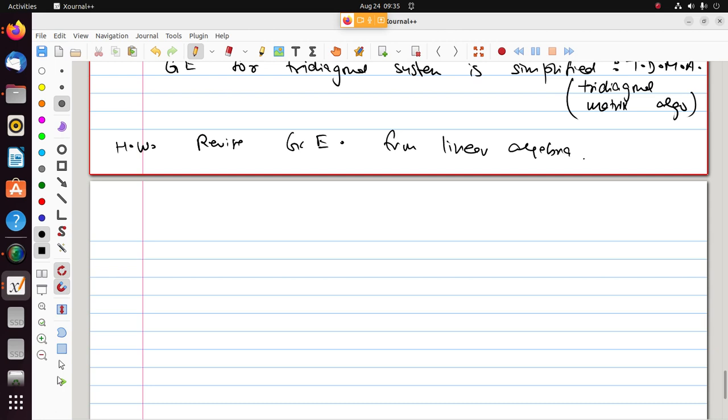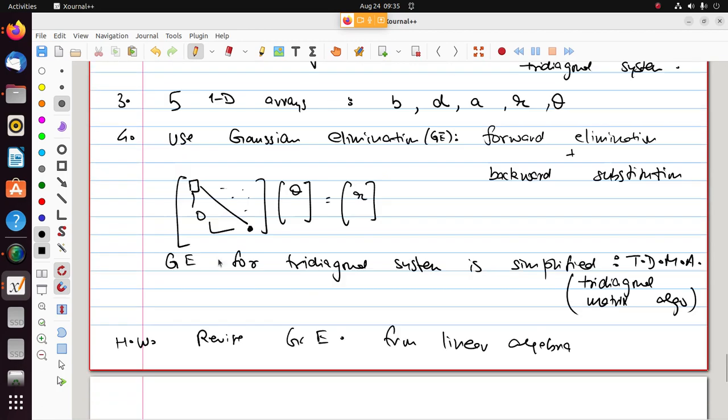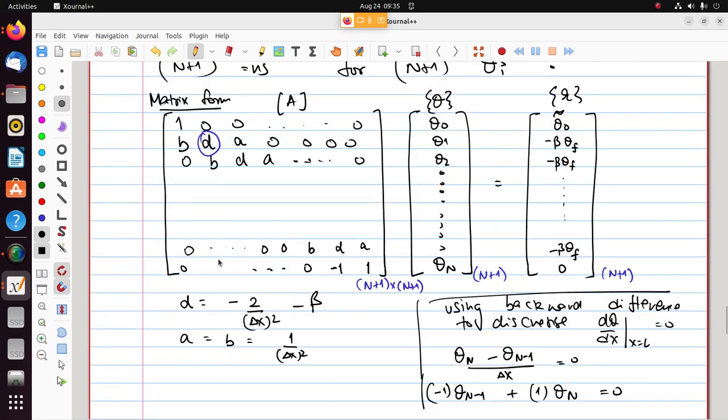Right. So now let's look at the algorithm. Now I'll write the system in such a way that the left boundary, that's theta naught, because the left has Dirichlet conditions, I am not actually solving for anything there. So if you look at the linear system again that we have just written, the first equation is actually trivial. It says theta naught is equal to theta naught tilde. So that's a known value, we are not solving for it. So let's not include that, and then we'll have the linear system starting from there.